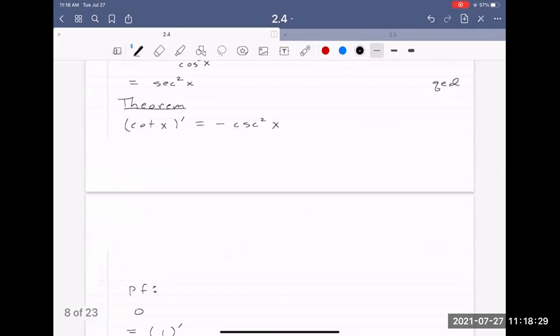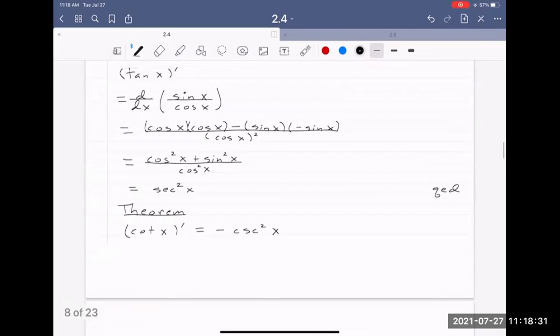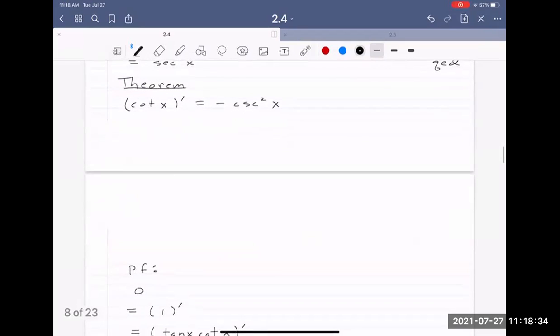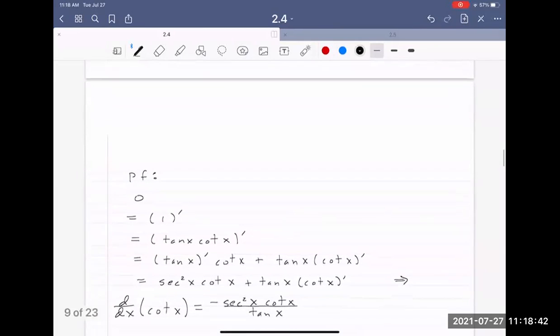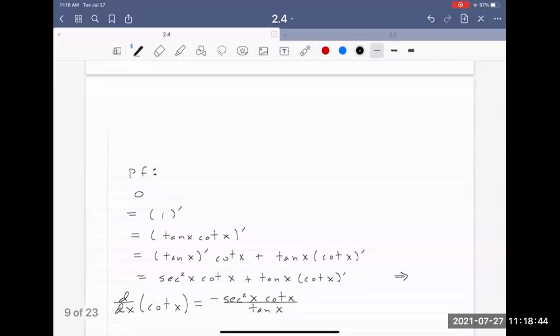We also have that the derivative of cotangent is negative cosecant squared. So 0 is equal to the derivative of a constant, 1, but tangent x times cotangent x is just equal to 1.